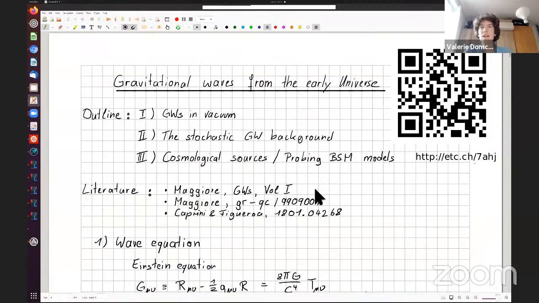Essentially, there are two frames where it makes sense to discuss things. One is what is called the free-falling frame, where your test masses are free-falling, and then you look at the effect of the gravitational wave on the trajectories.